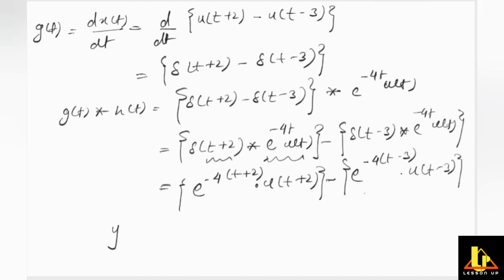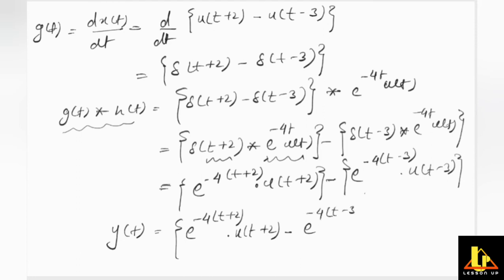Now the output, or the value of g of t convolution h of t, y of t, will be equal to e to power minus 4 into t plus 2 into u of t plus 2 minus e to power minus 4 into t minus 3 into u of t minus 3.